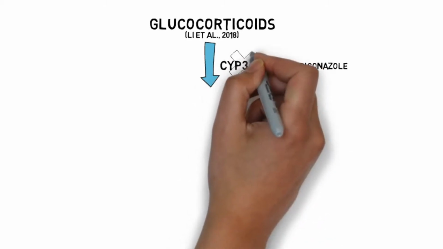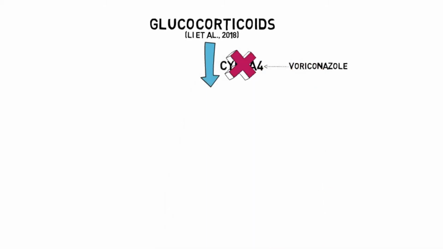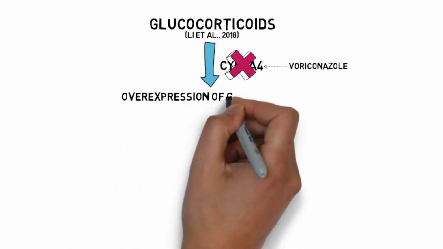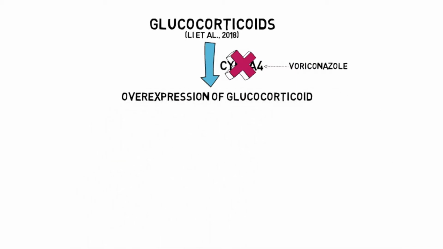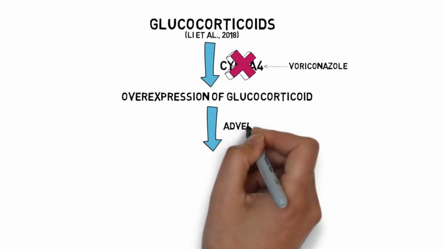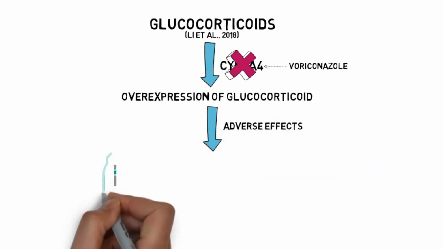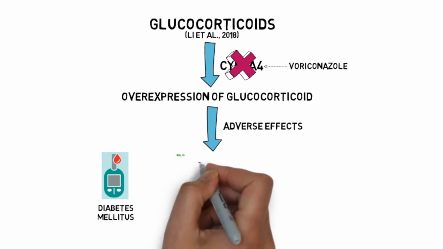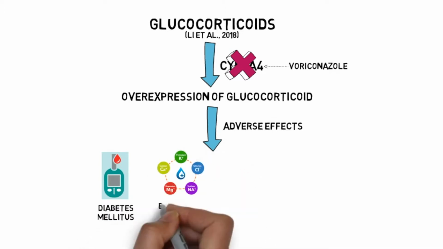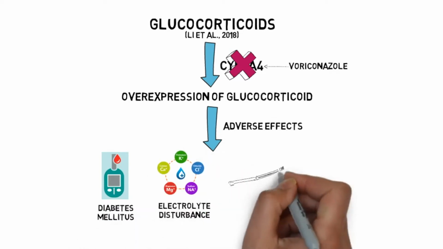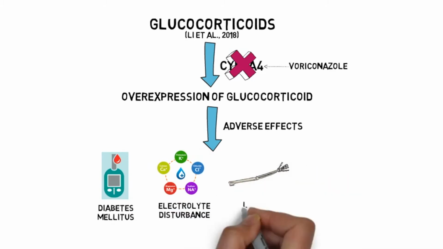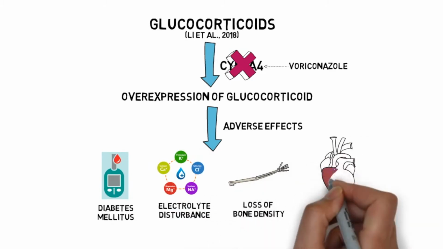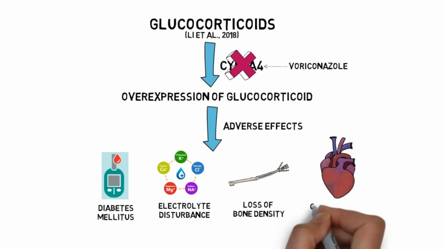In the clinical aspect, it is beneficial to avoid high exposure to glucocorticoids, as this is often associated with systemic adverse effects such as diabetes mellitus, electrolyte disturbances, loss of bone density, as well as an increase in cardiovascular events.